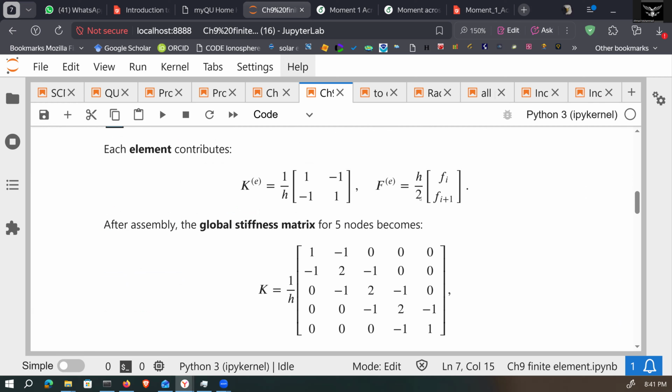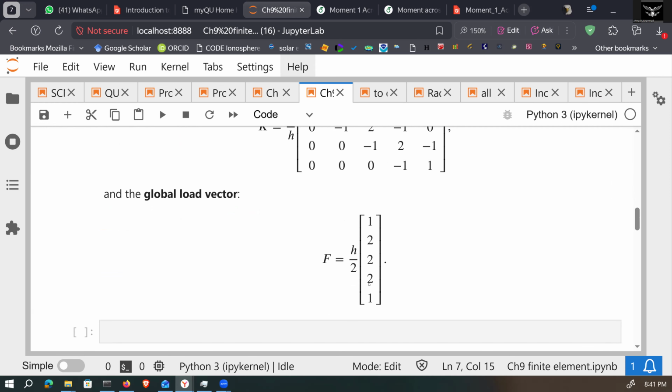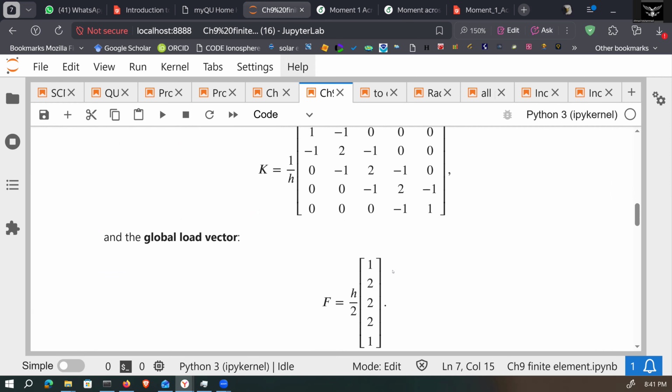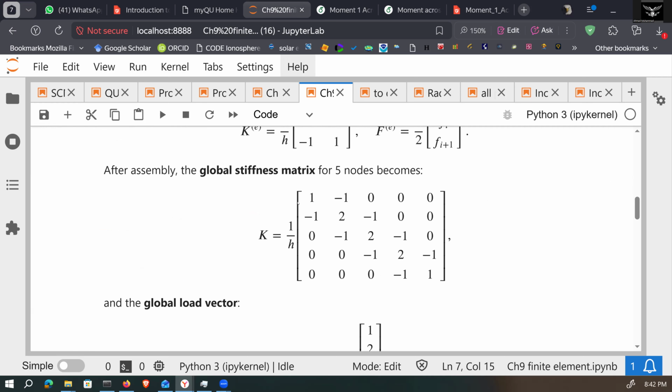So it's h over 2 times F, which is just 1. In essence, it's just going to look like this for the 5 nodes. So 1, then 2, 2, 2, then 1, times h over 2. For the K, because we have 5 nodes, we're going to have the matrix look like this, 1 over h. So the task is to develop this matrix, the global one.